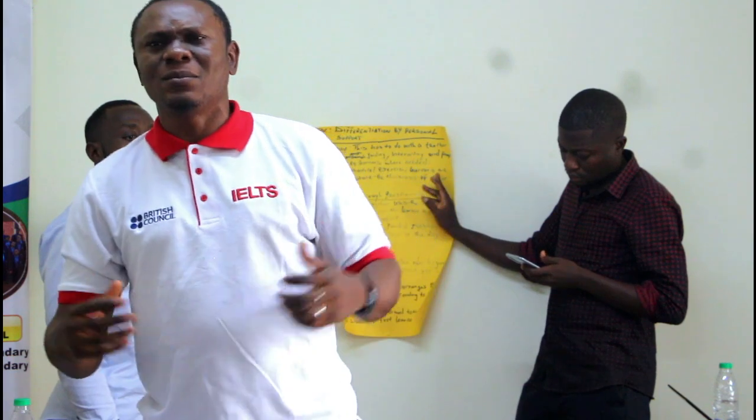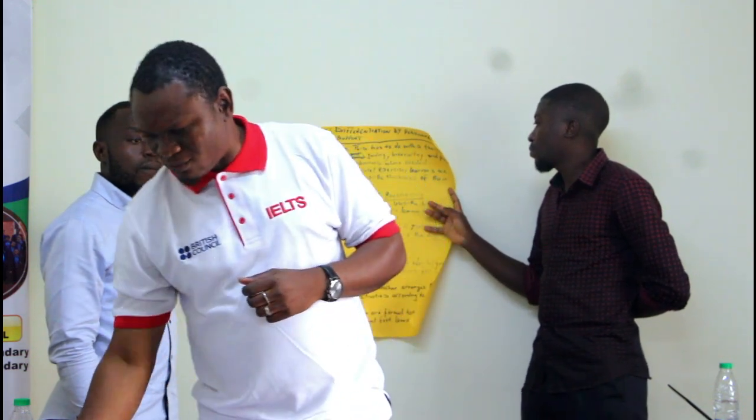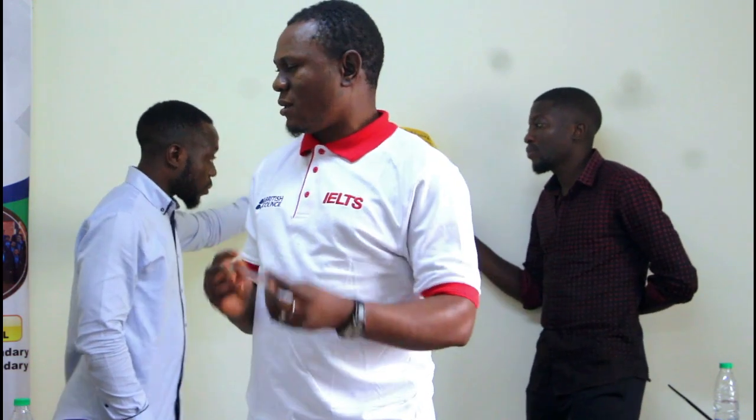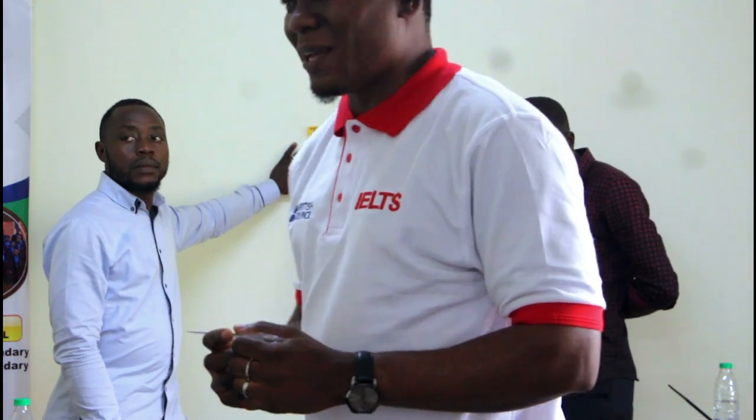I'll take a situation maybe in a physics practical lesson. Students are required to measure a distance between 2 points. You give them that particular task and you are observing. You see that maybe one learner is just fidgeting with the ruler and whatsoever. You move around, you go close to the learner.